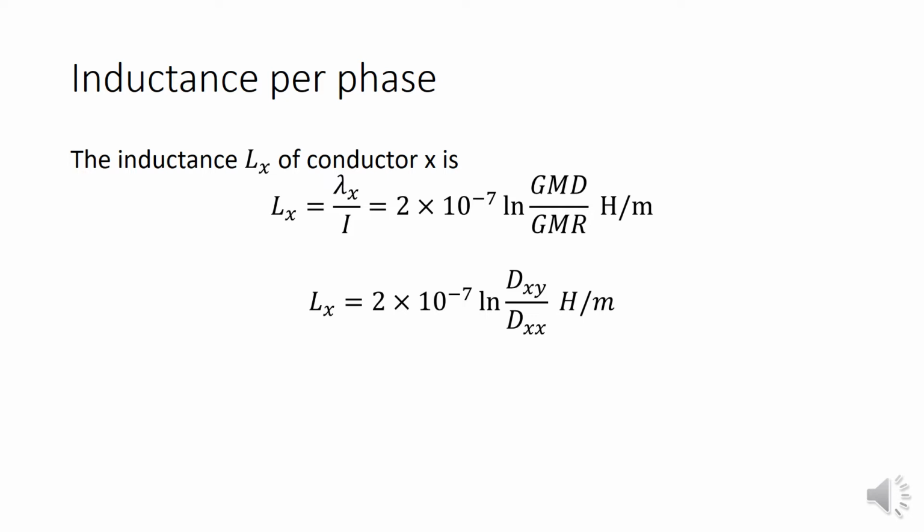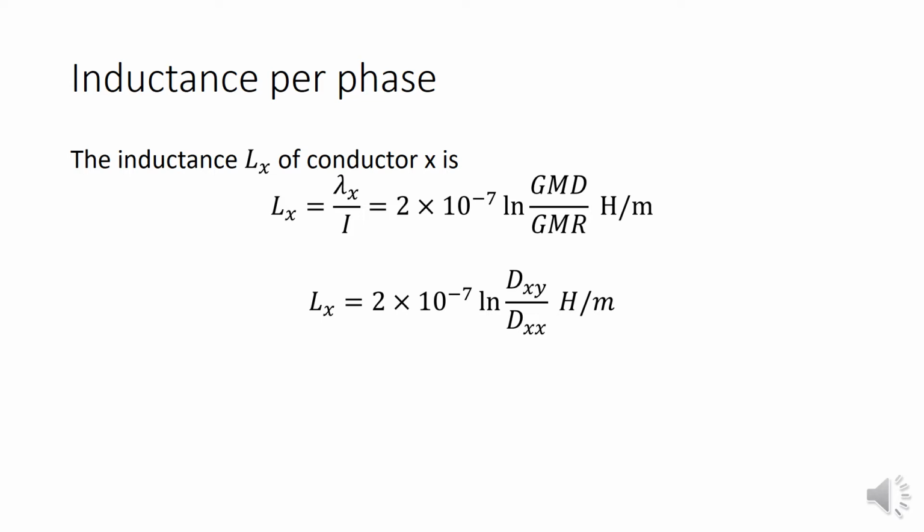Li is equal to phi, and phi is the flux linkage. Therefore lambda x means the flux linkage of conductor X, and I means the current. Inductance is calculated as flux linkage per ampere.